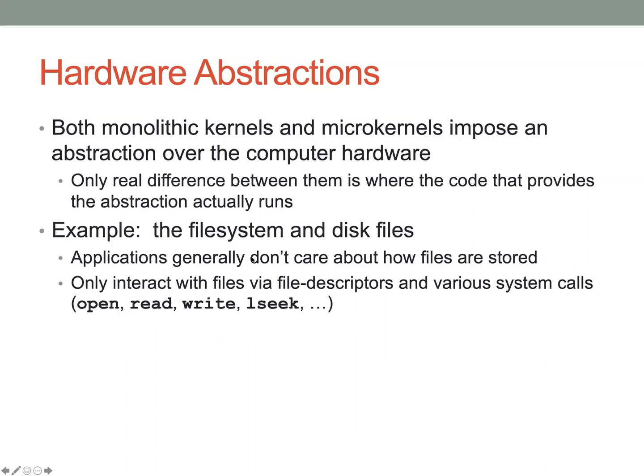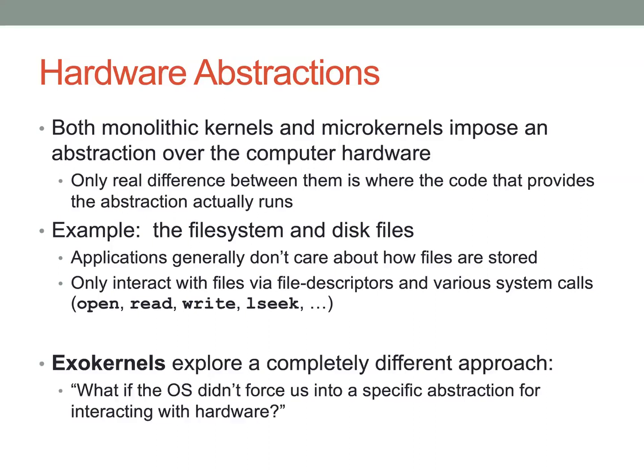So you have this example here, the file system and disk files. Applications don't care how the files are managed on the storage device. They basically use this set of logical operations against logical files, and those are mapped to physical device interactions. Okay? So there's another category of operating systems called exokernels, which basically say, let's get rid of the OS abstraction layer and let user processes talk directly to the hardware.